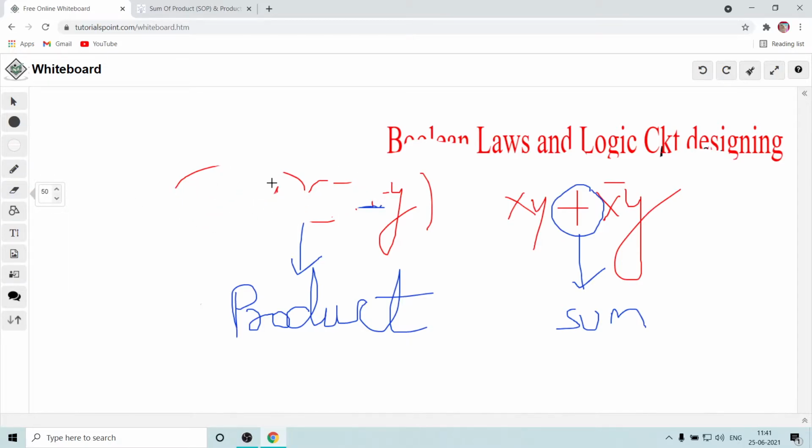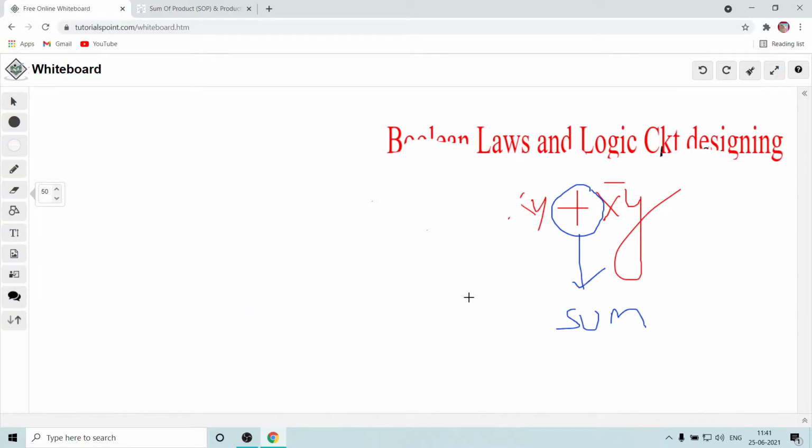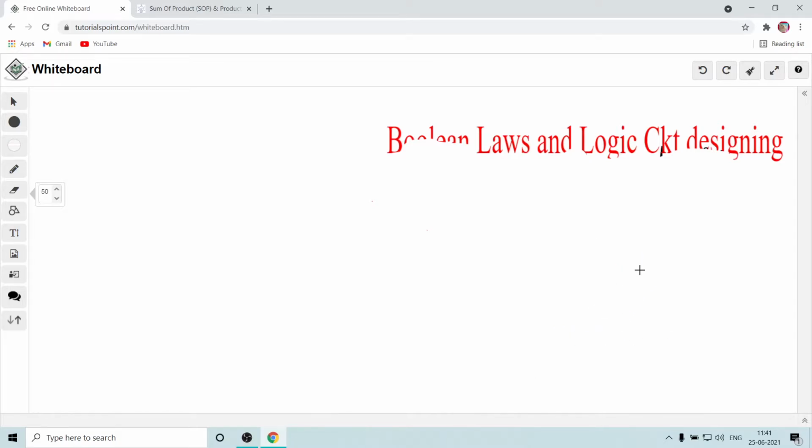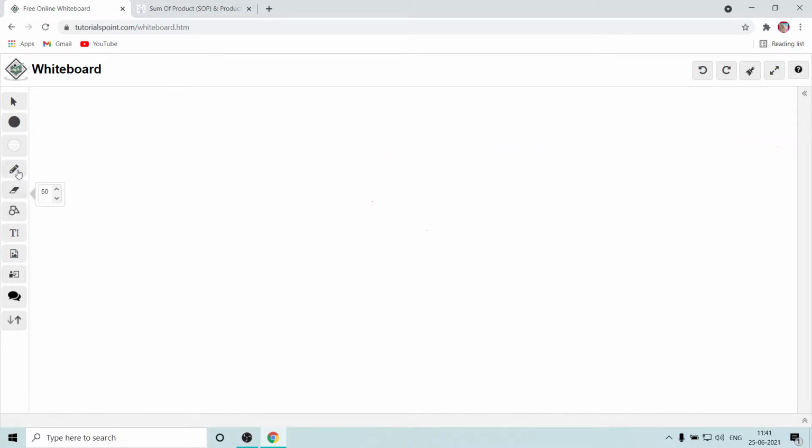Now moving ahead to the truth table of SOP, what is a min term, what is the principle of duality. Let's discuss it a little faster. In SOP, the terms which you are taking, let's try and make a truth table, x, y.